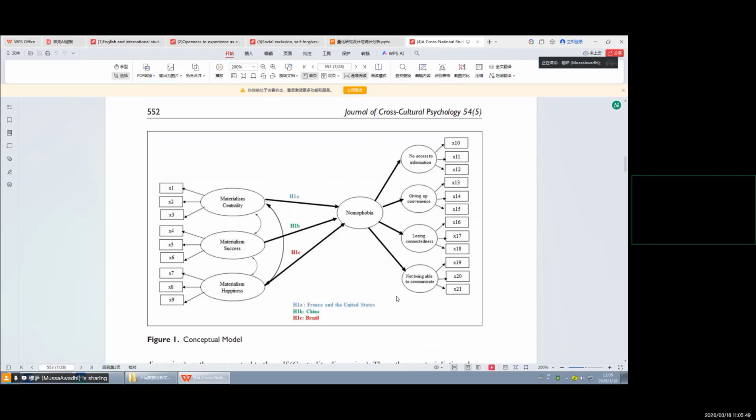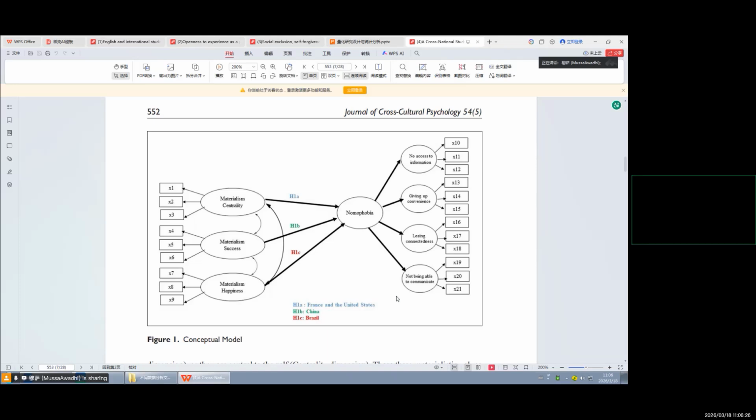We examine this model among 3 samples, or actually 4 samples. One is combined France and United States. They are combined because they are what? Individualism culture. And also data from China.